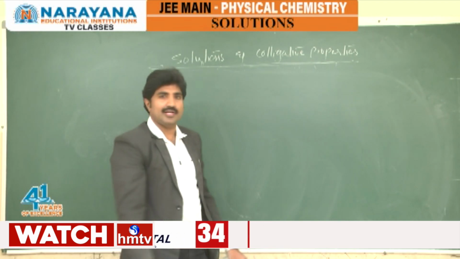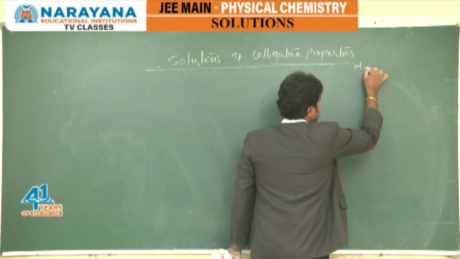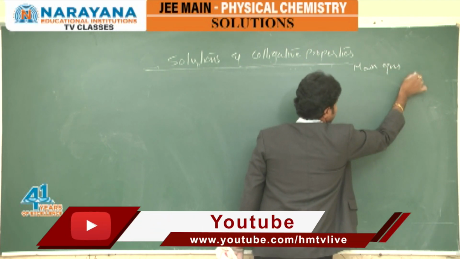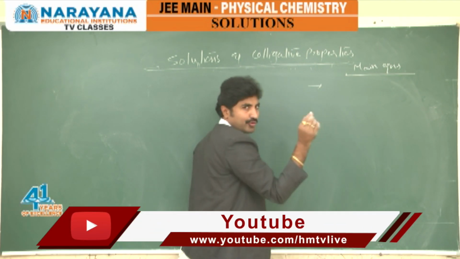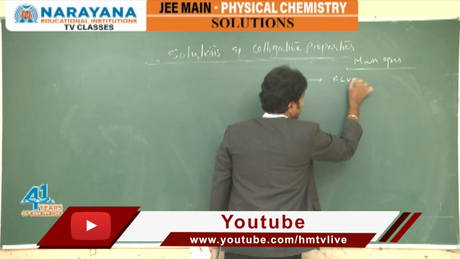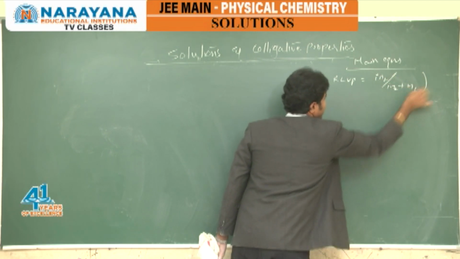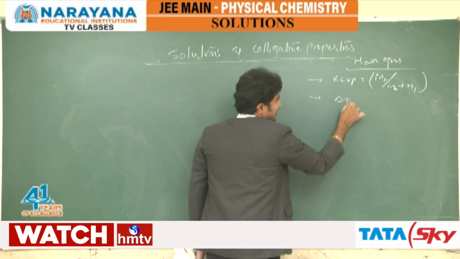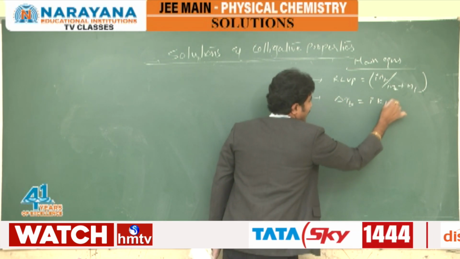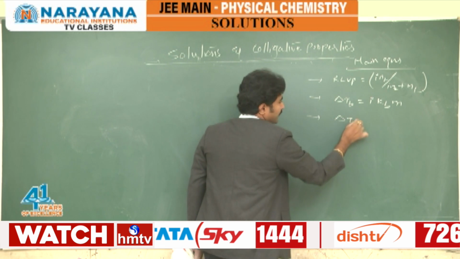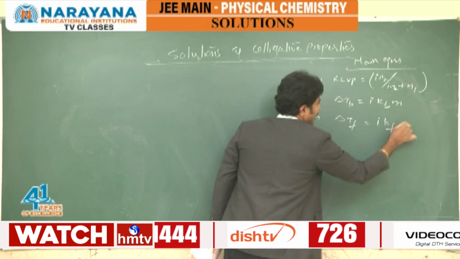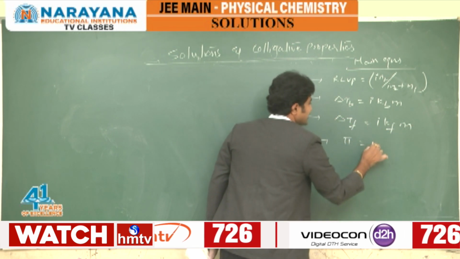Okay, see, in these colligative properties, these are the main equations. These are only used in the calculation part. We know 4 colligative property equations: RLVP is equal to i n2 by (i n2 plus n1) expression, and delta Tb is equal to i Kb m, and delta Tf is equal to i Kf m, and pi is equal to i CST.